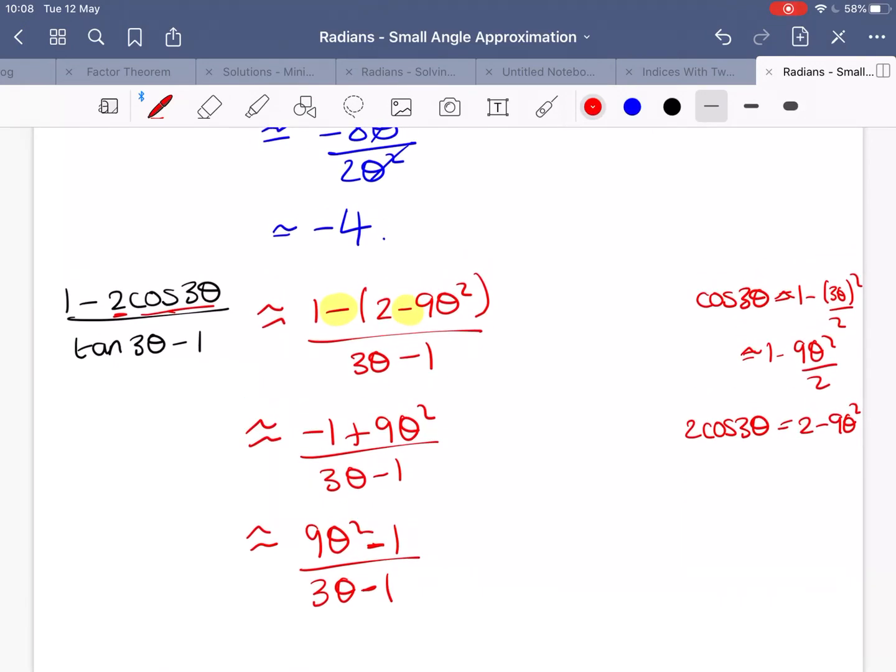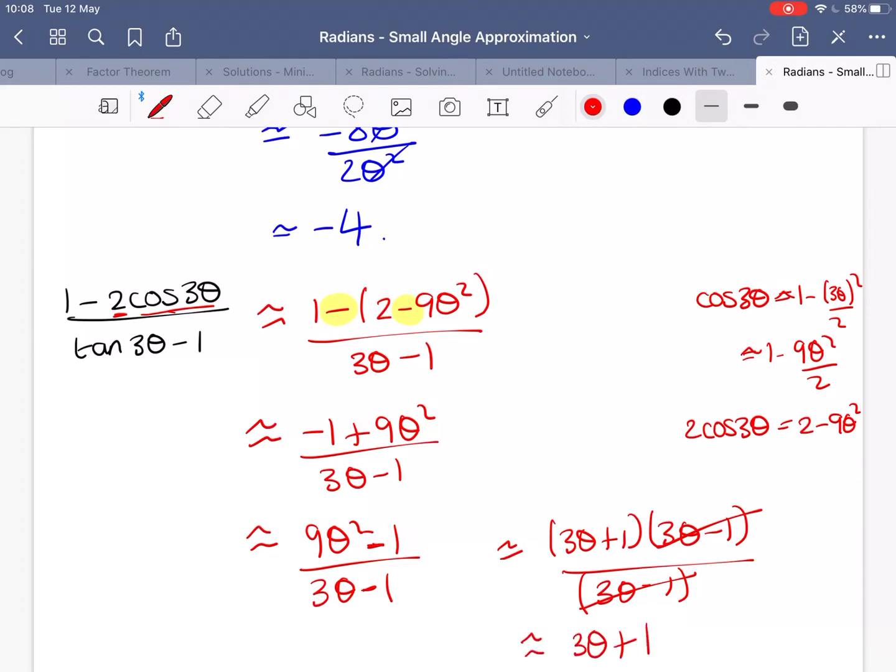And we know 9 theta squared minus 1 is, because I'm going to run out of room, so I'm going to have to go to the side rather than underneath, 3 theta plus 1 times 3 theta minus 1, because it's a difference of 2 squares all over 3 theta minus 1. And what you find is they cancel, so we end up with 3 theta plus 1.